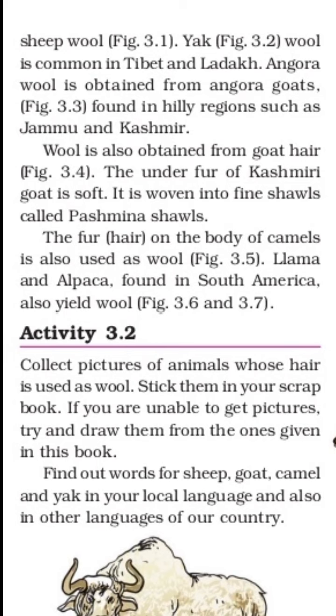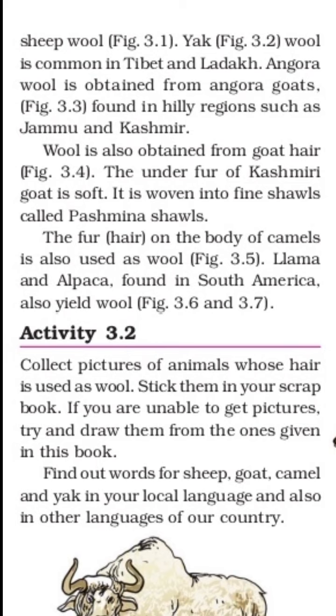These animals are found in different areas in our country, and in their locality people use these types of wool, like the sheep wool commonly available in the market, yak wool available in Tibet and Ladakh, and Angora wool available in Jammu and Kashmir.